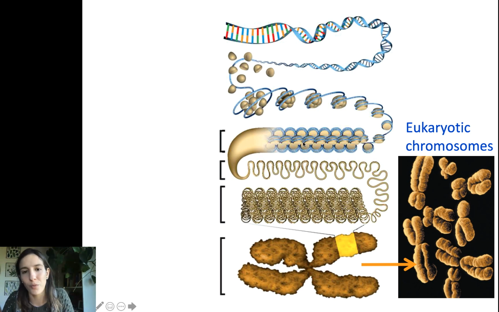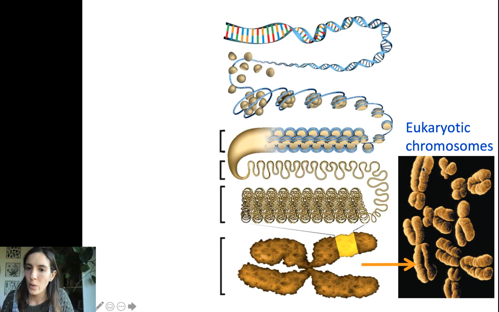And then those clumps wrap around each other. And what you can see here is that there ends up being an absolutely ridiculous amount of DNA inside of a single chromosome. And then most cells have multiple chromosomes. And so we've got a lot of DNA inside of cells.